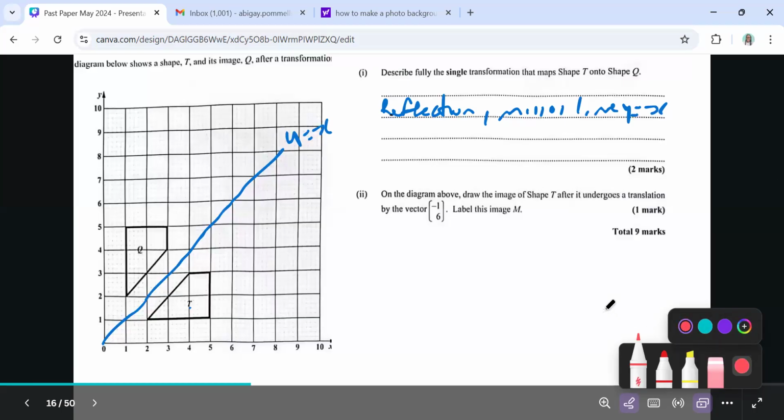All right, so use a different color. All right, so we're moving by the vector -1 and 6.